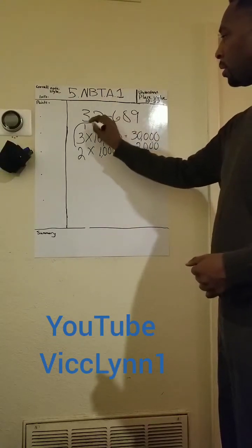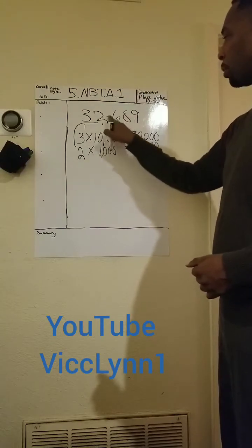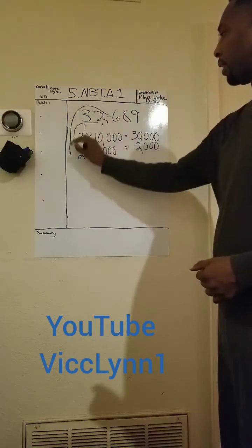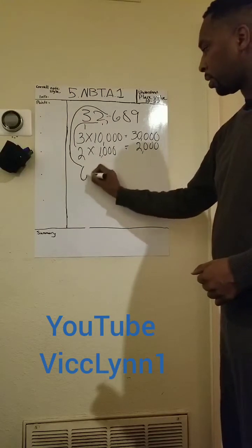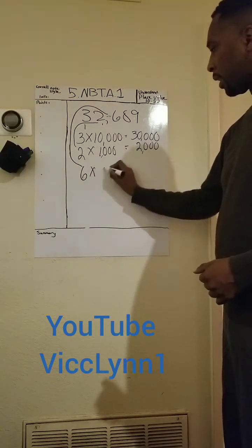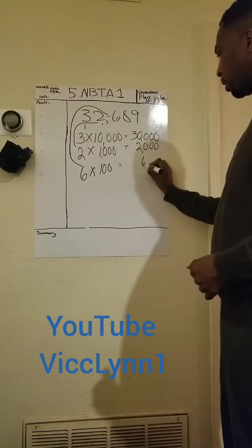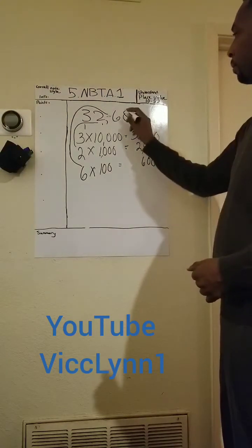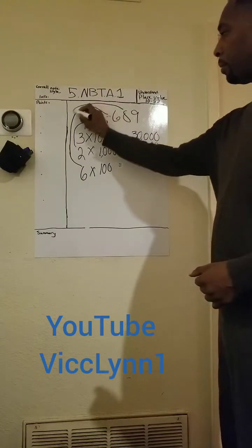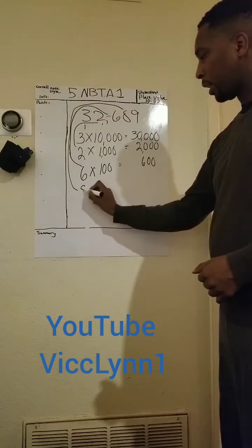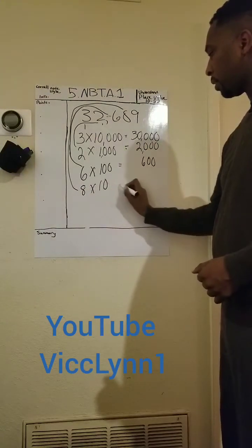6 is in the hundreds place. I'm basically going to draw a line and go like this. Okay, so it's going to be 6 times 100 equals 600. 8 is in the tens place, so it's going to be 8 times 10.